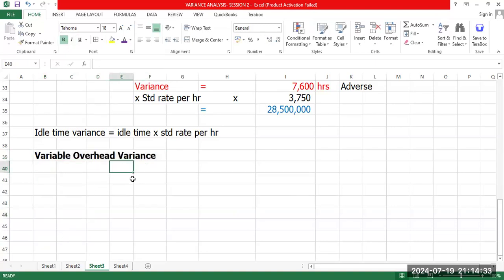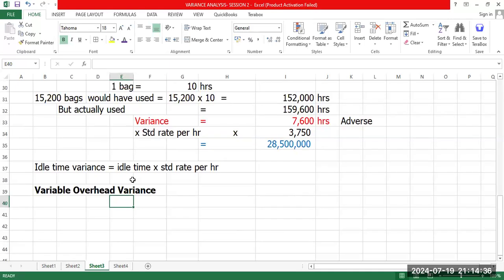Under variable overhead variance, we have two variances. Who can recall? That is what and what?